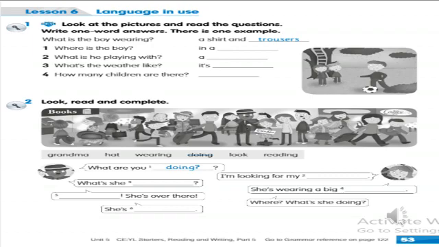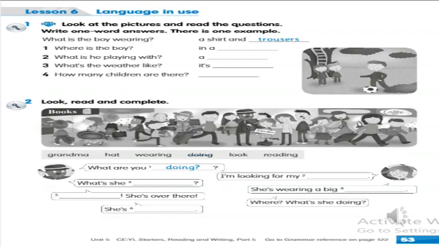Number 3. What's she? Here we have the question what and is and she. So here we have to write the verb with ing. Which one from the box is suitable for the space? Okay, I will help you. Here the answer is she's wearing a big space.